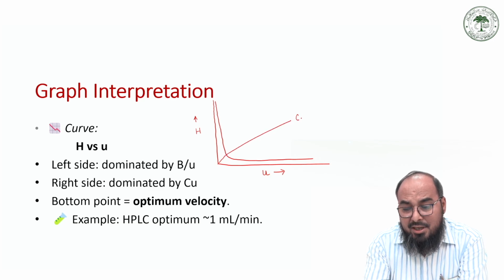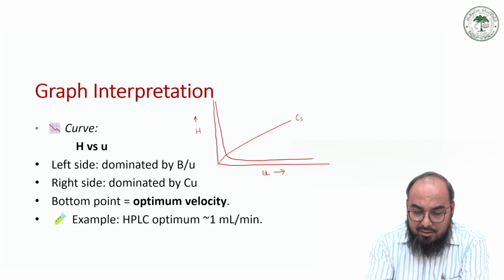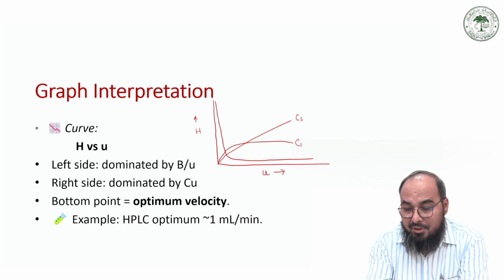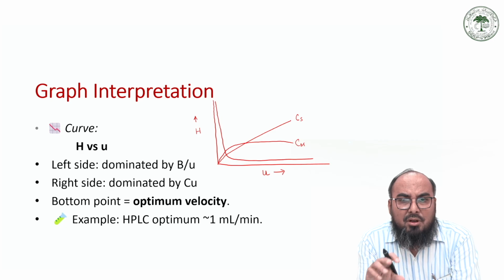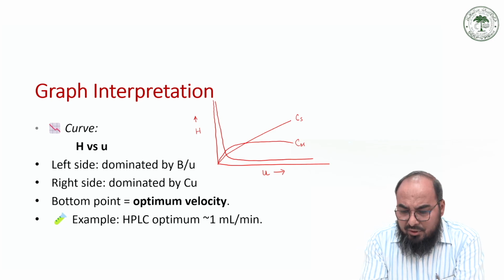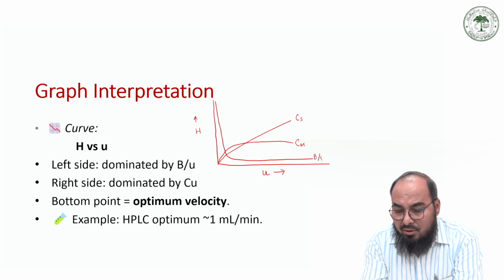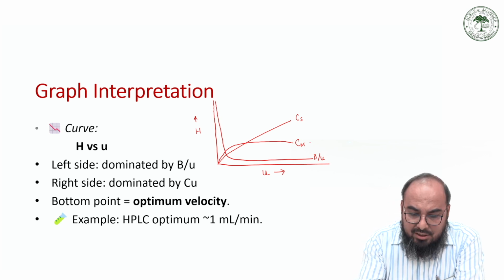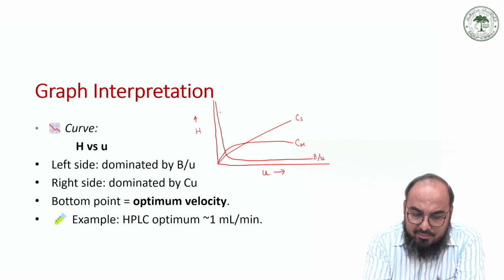It is Cs and it is like Cm. Now if you are going to make a combined curve of B upon U and these three terms, then you will get H like this.